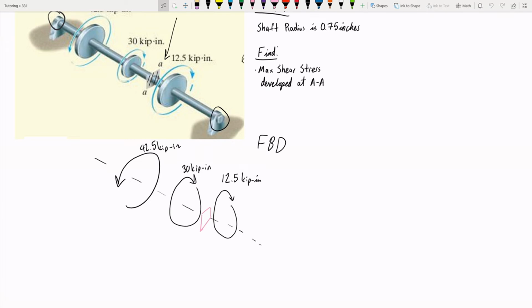Now I'm going to sum the moments at AA. We're going to say it's at rest right now. We've got these torques acting, but it's not moving. So I guess in the end we didn't even need to worry about that with the bearings.